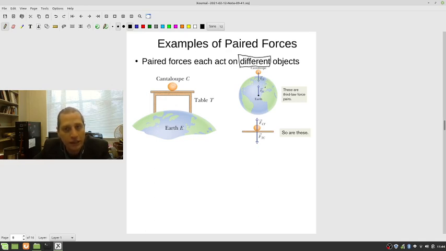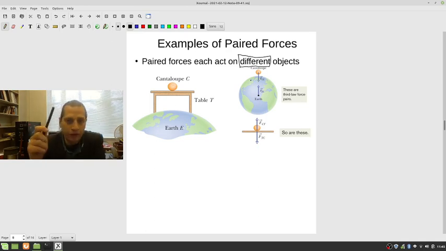Okay? The only difference is that the Earth has an absolutely enormous mass and the cantaloupe has a much smaller mass. So when you drop the cantaloupe, you notice the cantaloupe accelerating. The Earth, in theory, is also accelerating slightly upward towards the cantaloupe, but the mass difference is so enormous that you don't notice the Earth accelerate.